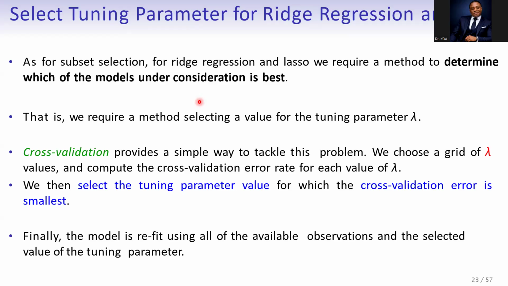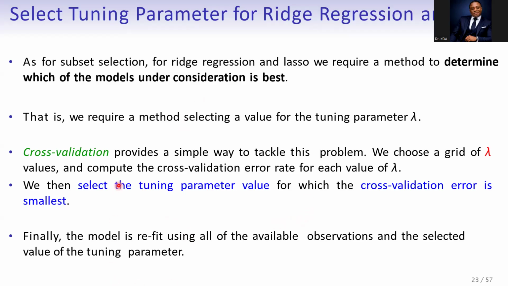Suppose you select between lambda 1 up to lambda 100. You find the cross-validation error rate for each one of these lambdas. Then you select the tuning parameter, the lambda, which gives you the lowest cross-validation error. Write that one somewhere.